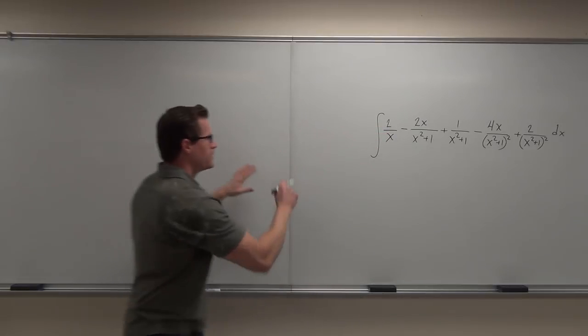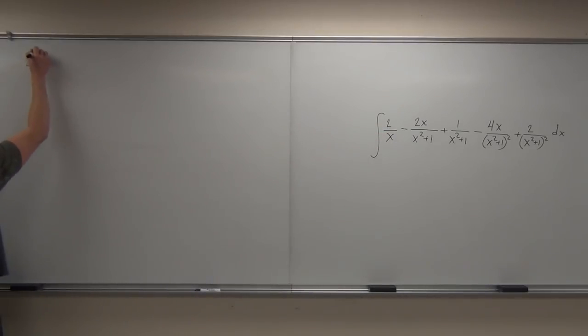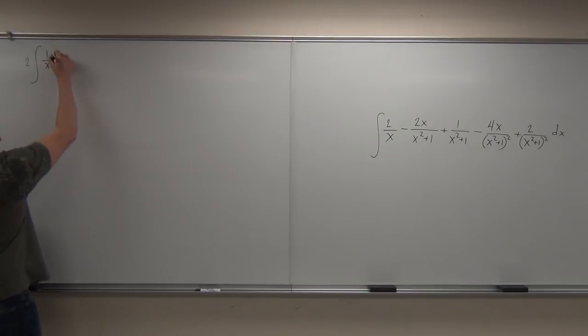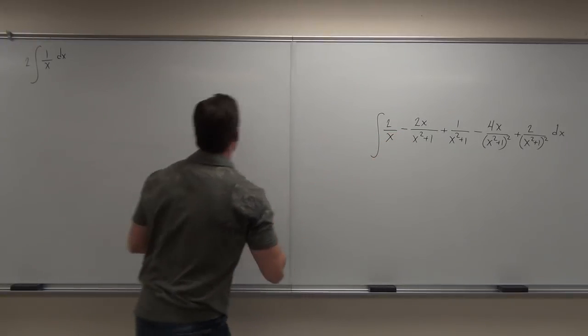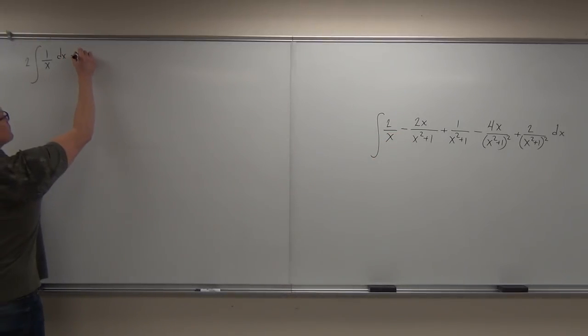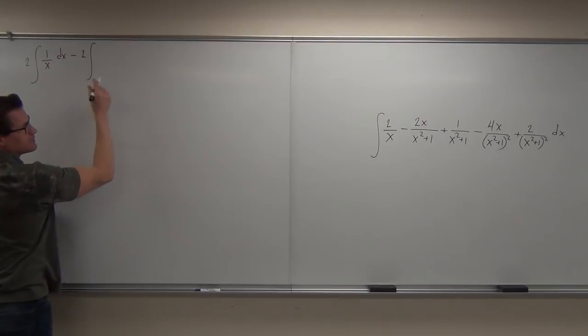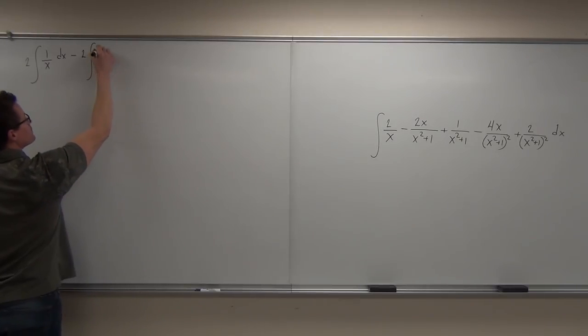By the way, can I pull out some constants here and you guys be okay with it? Yeah. So this changes to 2 times the integral of 1 over x dx. I'm going to split up everything. This is going to be minus 2 times the integral of x over x squared plus 1 dx. You can even leave the 2 because of our substitution we're about to do.